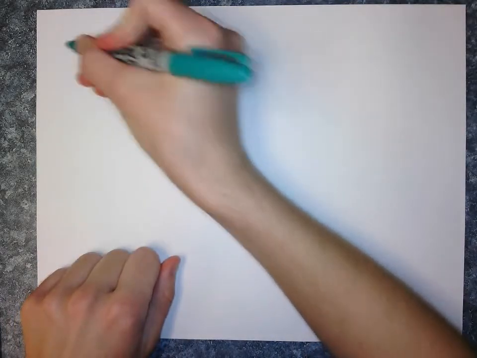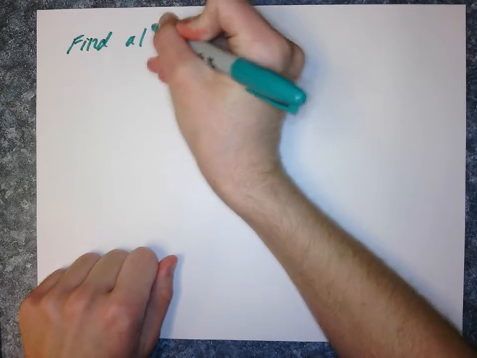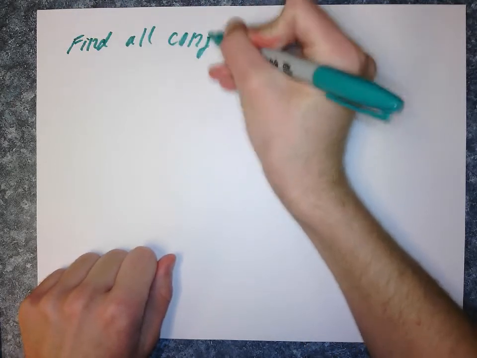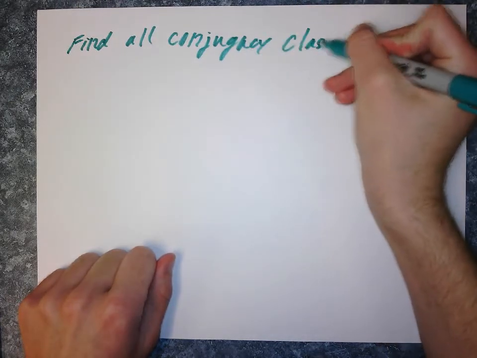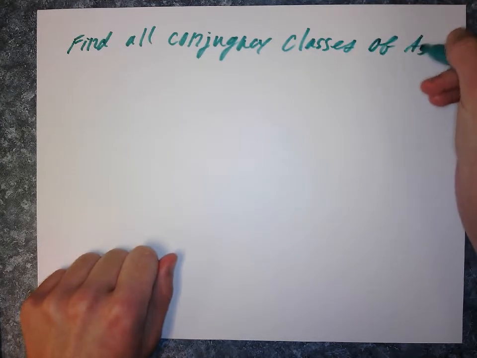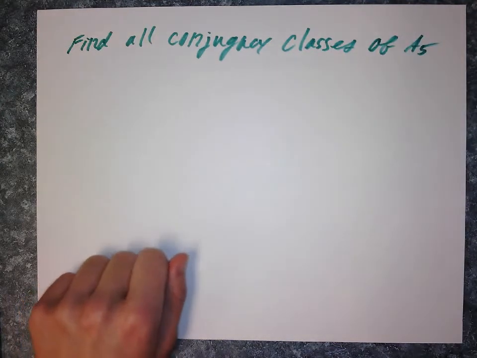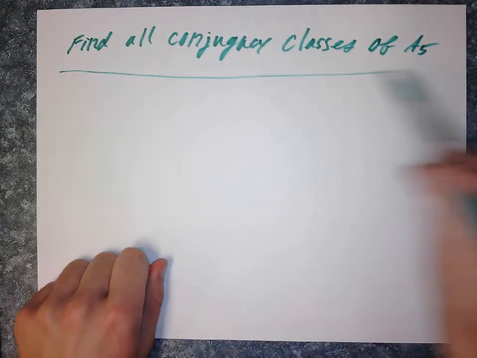So, the goal of today is to find all conjugacy classes of the alternating group, the normal subgroup of S5.